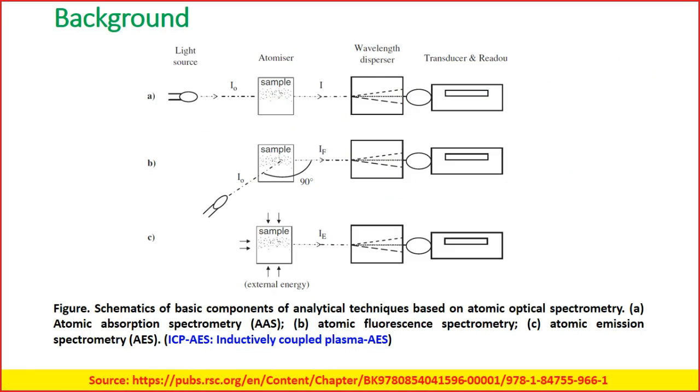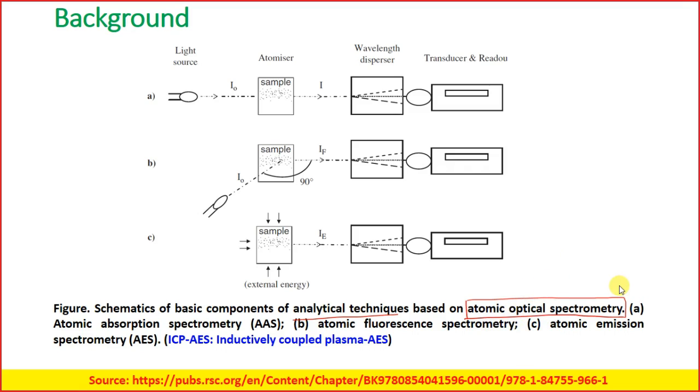Now before going into the details, I will tell you the different analytical techniques which are based on atomic optical spectrometry. As the name suggests, atomic optical spectrometry deals with the excitation of the atoms, and when they come back to the ground state, they emit light.